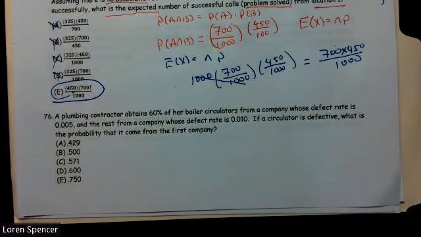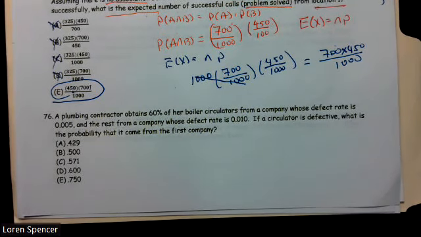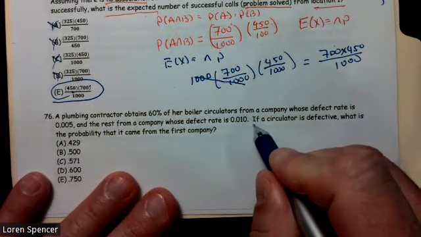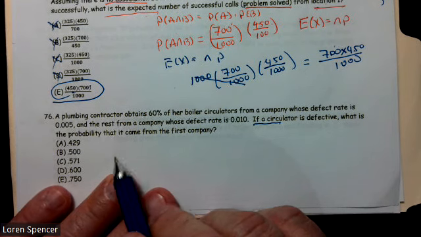All right. A plumbing contractor obtained 60% of her boiler circuits from a company who has a defect rate of 0.005, and the rest from a company whose defect rate is 0.001. If a circulator is defective, what's the probability that it came from the first company?